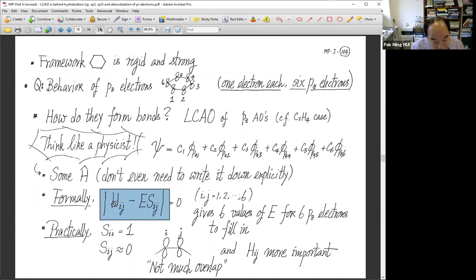The elements are Hij minus ESij, so there are 36 of them, and the determinant equals 0, which you can solve for the eigenenergy E. Since it is 6 by 6, it will be a sextic equation. The highest order will be E to the 6th power, and you will get 6 eigenvalues.